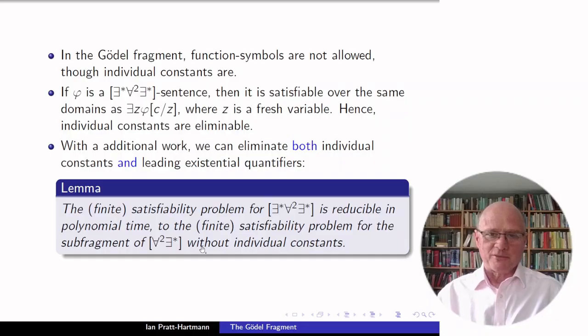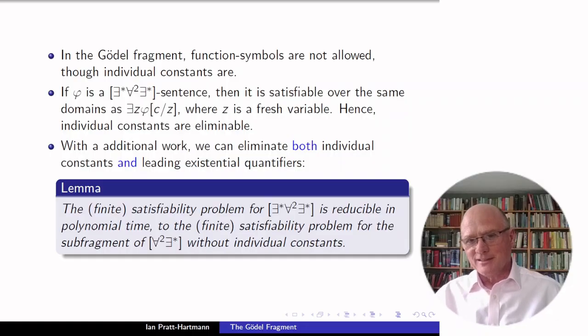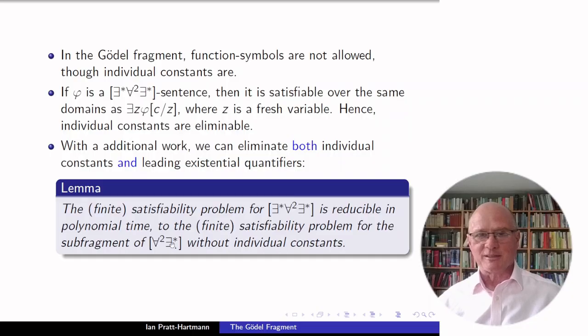So you can get rid of all these irritating leading existential quantifiers and constants and just deal with a simpler form of formula. In fact, I shall not be proving this lemma. It's relatively routine and a little bit dull, so I'll just take that on trust for now.